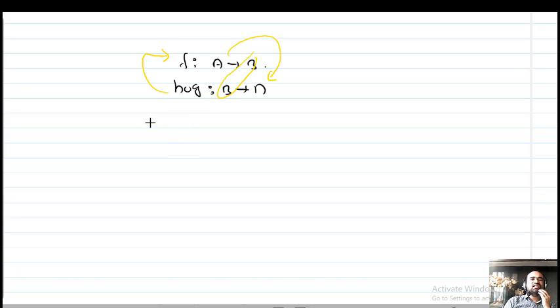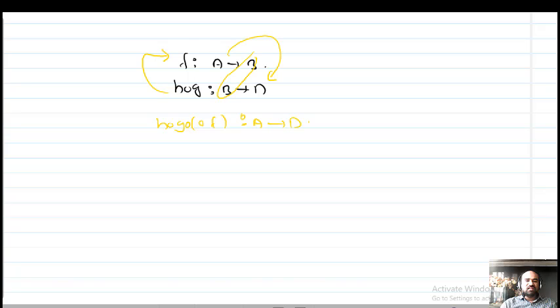So h circle g first, next f. So I write h circle g circle f, which is from A to D.